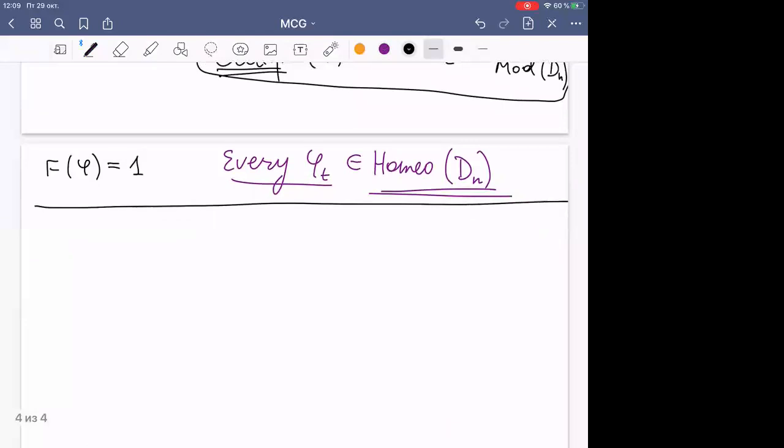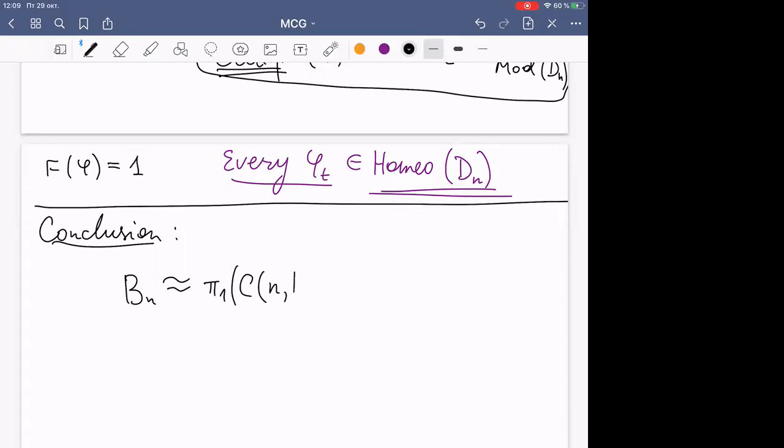So we see that our conclusion is that the braid group is the same as the fundamental group of the configuration space of R2.